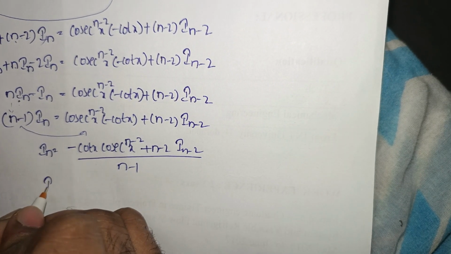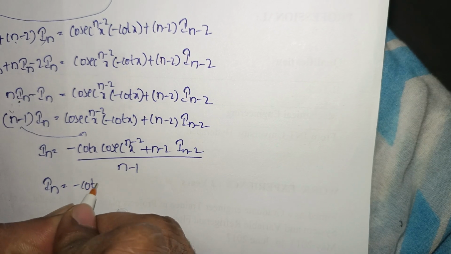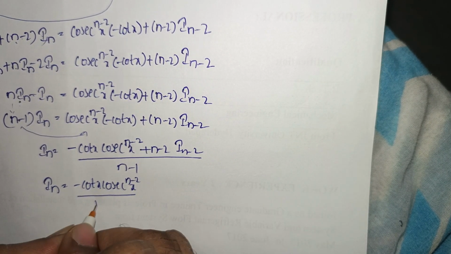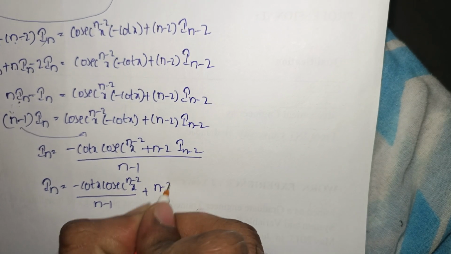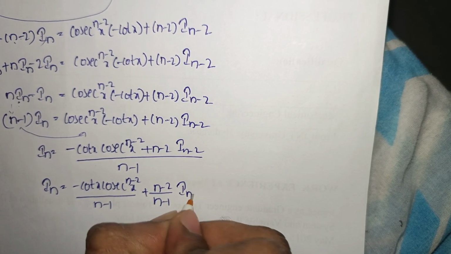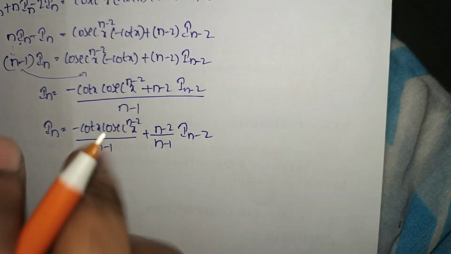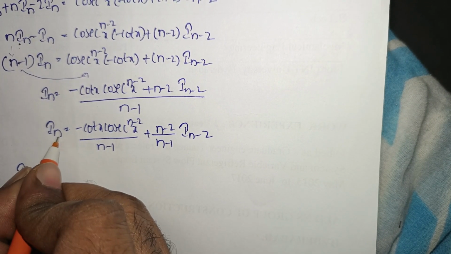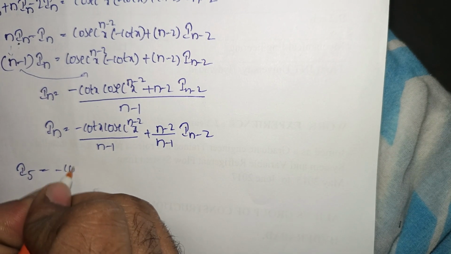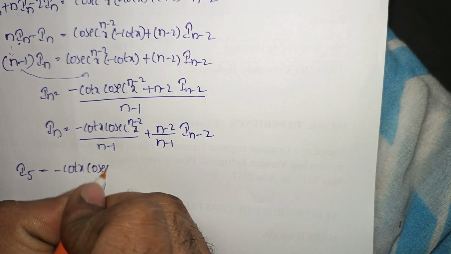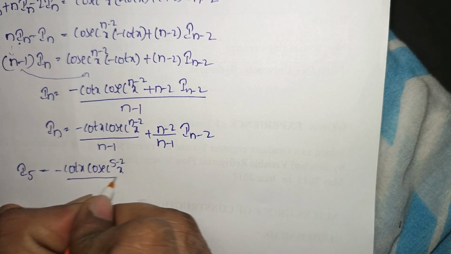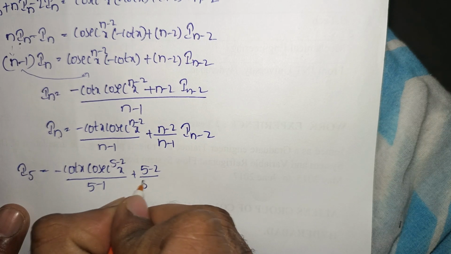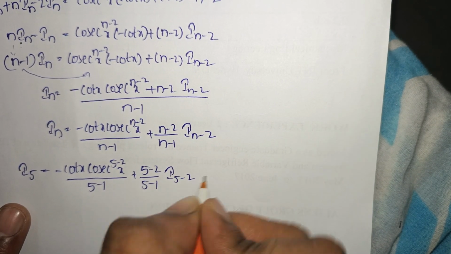Now separating the denominators, I_n is equal to minus cot x cosecant to the power of n minus 2 x by n minus 1 plus (n minus 2) by (n minus 1) I_{n-2}. Right. Now what we have to find is I_5, so wherever n is present, just replace it with 5: minus cot x cosecant to the power of 5 minus 2 x by 5 minus 1 plus (5 minus 2) by (5 minus 1) I_{5-2}.